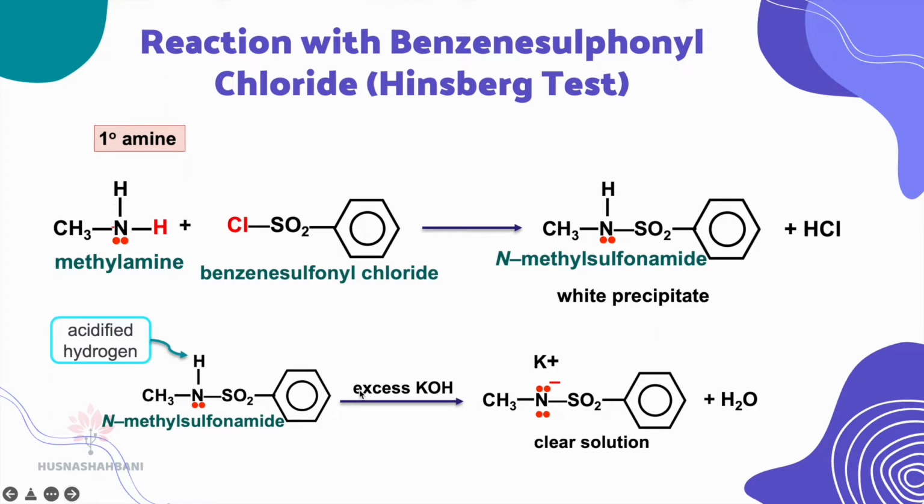When it mixes with excess KOH, remove this H and the product is N-K+, the K from the excess KOH. This product is clear solution. For primary amine, initially white precipitate, when you add excess KOH, clear solution will be formed.